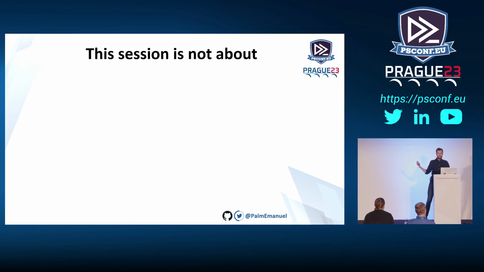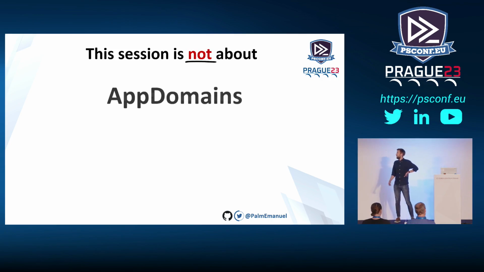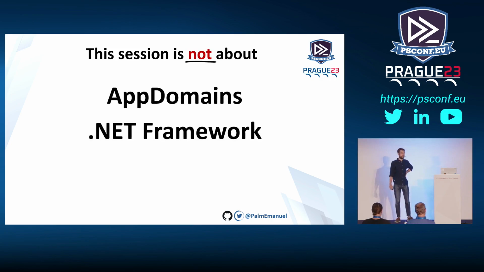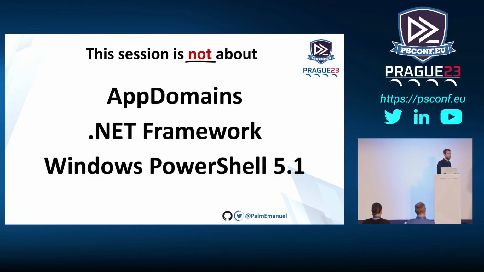First of all, this session is not about app domains. It's not about .NET Framework, and it's not about Windows PowerShell 5.1. Assembly load contexts are not in any of these, and these are concepts that are not relevant to these technologies.